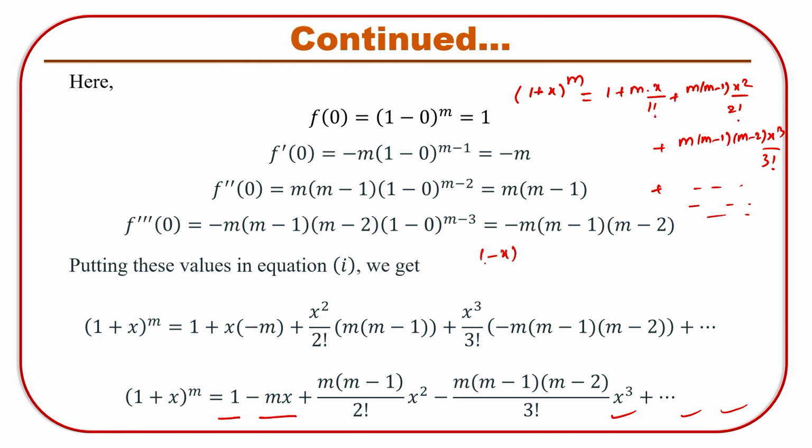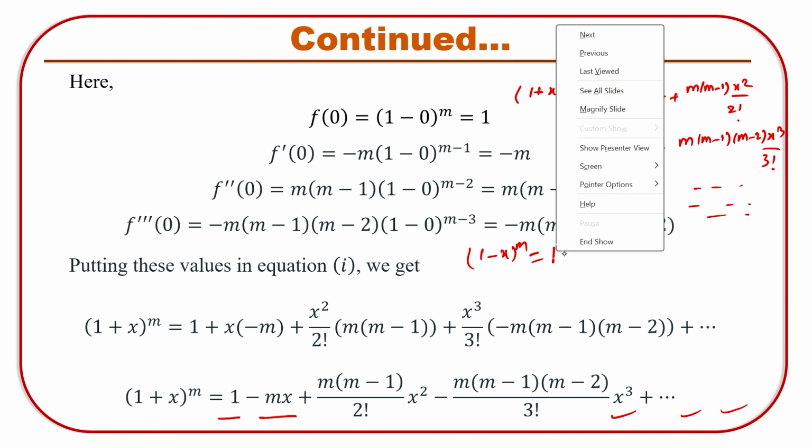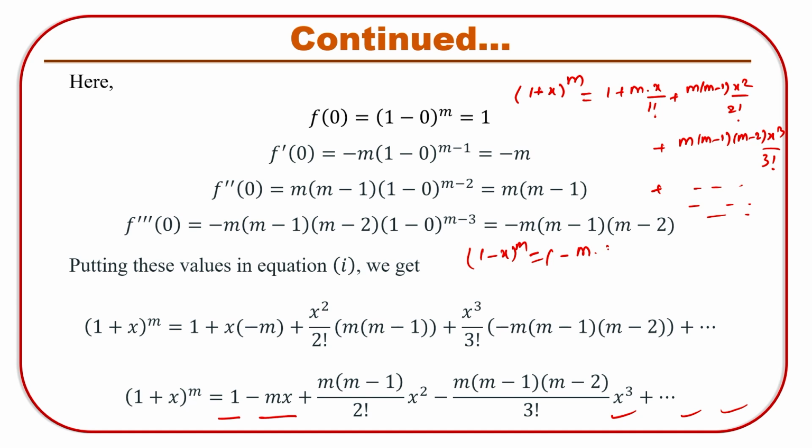And for 1 minus x to the power m, just change the alternate signs. We start from the positive 1, minus m into x by factorial 1, plus m into m minus 1 x square by factorial 2, minus m into m minus 1 into m minus 2 into x cube by factorial 3, and plus so on. So, that will be the Maclaurin series expansion for 1 minus x to the power m.